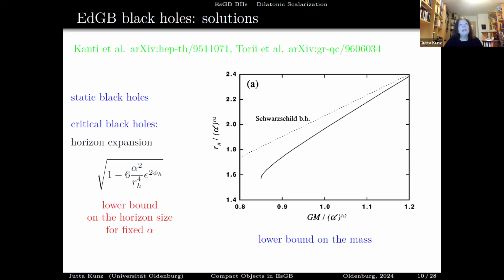I must admit I don't. I haven't seen anything, but also the numerical work on the collapse I haven't seen. In particular, this is the question I would like to know: what is the end state? What is happening there when we would reach a black hole in this area where we don't have stationary solutions?